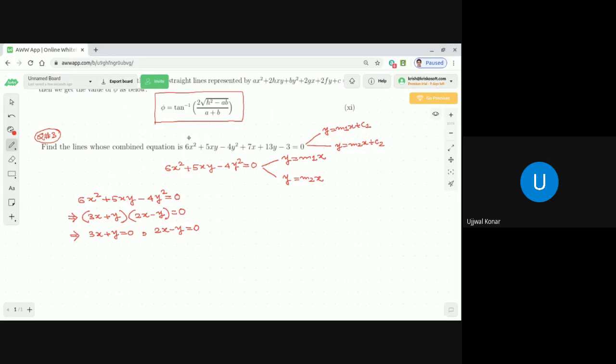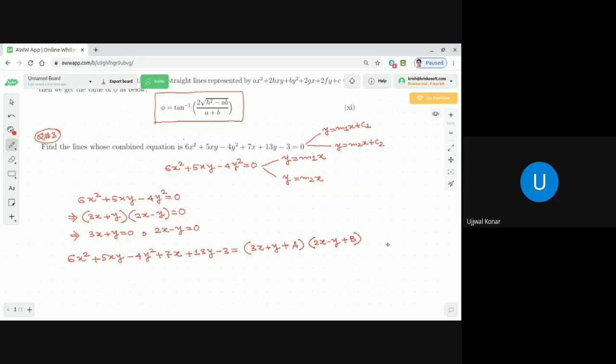For this equation, whatever you see, 6x square plus 5xy minus 4y square plus 7x plus 13y minus 3, that we can represent as (3x plus y plus some constant, let's take the constant as capital A) into (2x minus y plus b). Correct? In this form we can write it down, dear students.